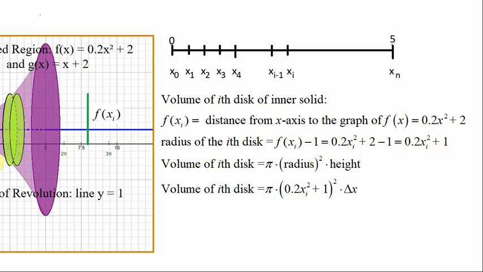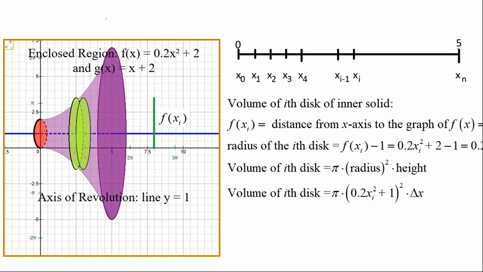And so the volume of this ith disk will be pi times the radius squared times the height, so we get pi times 0.2 x sub i squared plus 1, squared, times delta x. And this will be the volume of the ith disk for this inner solid of revolution.